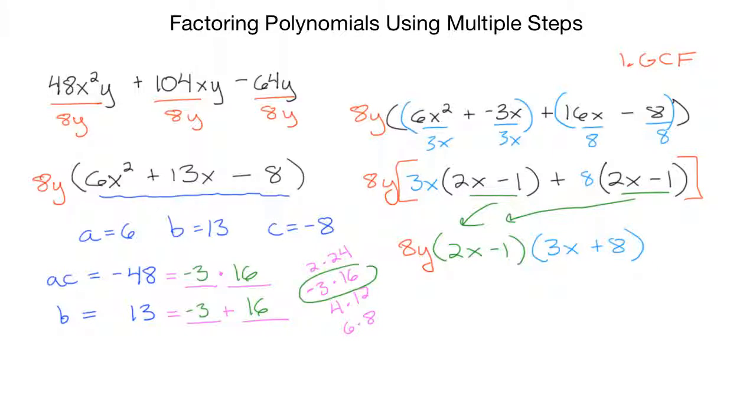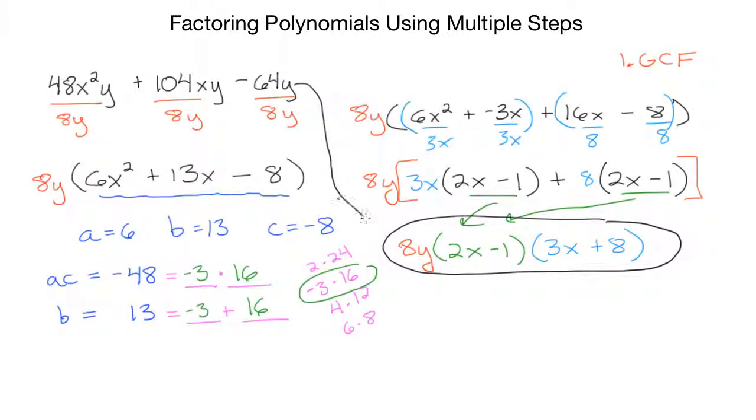Okay, I am feeling pretty good about factoring that thing all down. We have 8y times 2x minus 1. I can't factor that any further. Times 3x plus 8. I can't factor that any further. So all this original trinomial we had is equivalent to this factored form right down here. We factored it into a monomial and two binomials multiplied.